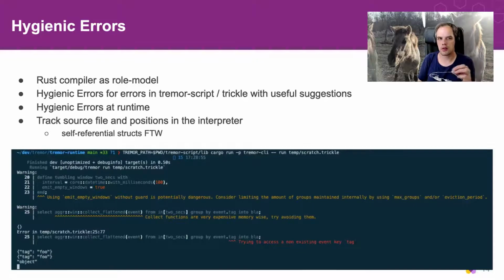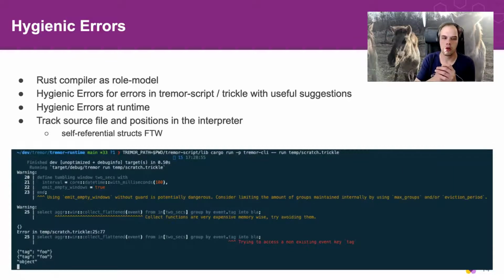So we want to have hygienic errors wherever possible. We want to have helpful errors that point you to where stuff went wrong, and help you out. Error reports need to be helpful. You need to see what's wrong, and you need to see how to fix it.